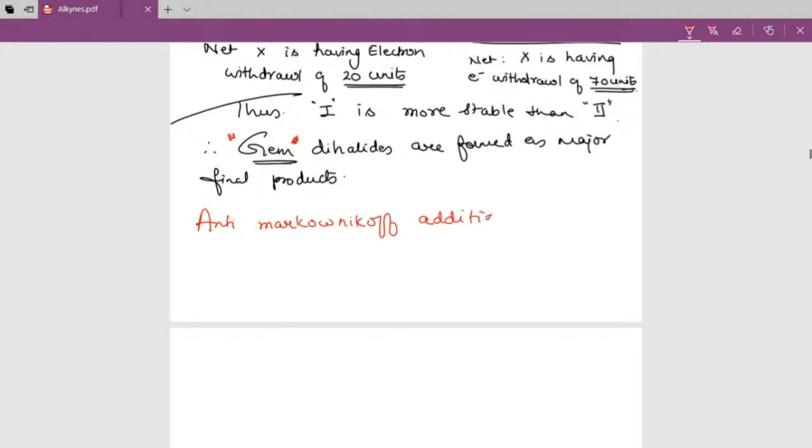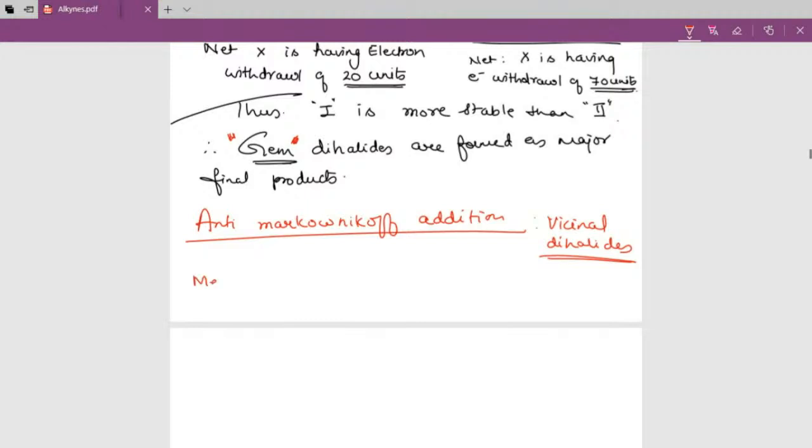Yes, very true, anti-Markovnikov addition of alkynes is also observed. Anti-Markovnikov additions of alkynes are also there. But the answers are vicinal dihalides. Okay, in their case, the answers are vicinal dihalides.